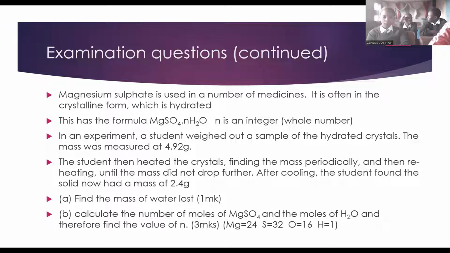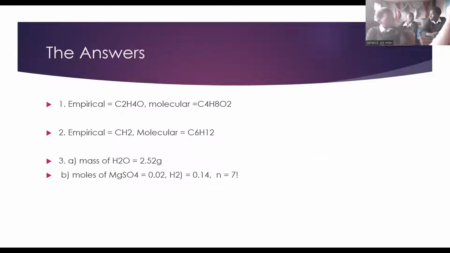If you want to have a go, you can write down the numbers now. To start with, it's 4.92 grams of MgSO4.nH2O, and it drops down to 2.4. If you work out its empirical formula, it comes out as MgSO4.7H2O. Okay, onwards.